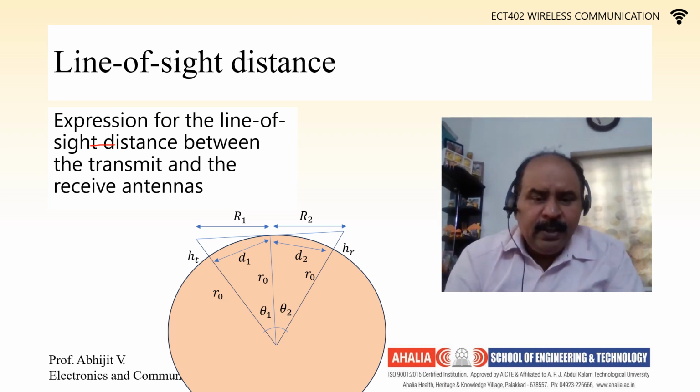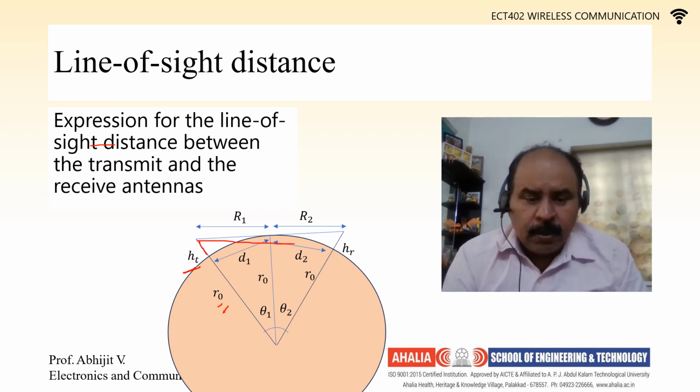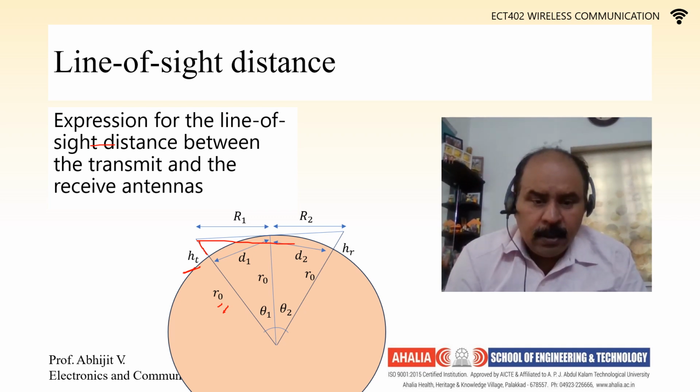So let us consider HT, the height of the transmitting antenna here. R0 is the radius of the Earth. Let us consider this transmission is happening in a tangential form, where this particular line touches the Earth at one point.